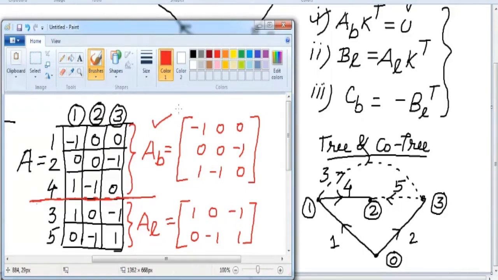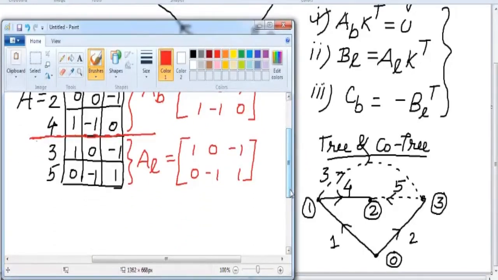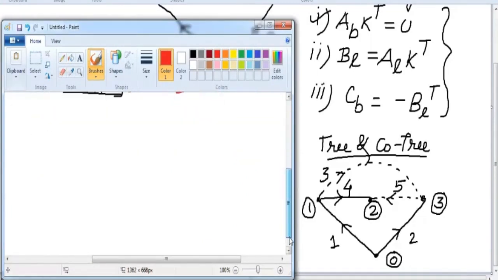For making the K matrix, I will not explain the complete procedure. What I will do here is just write the K matrix. You can check it in your book. I'm not going to write the complete graph over here. I will just write the K matrix here. Then we can prove the identity, right?